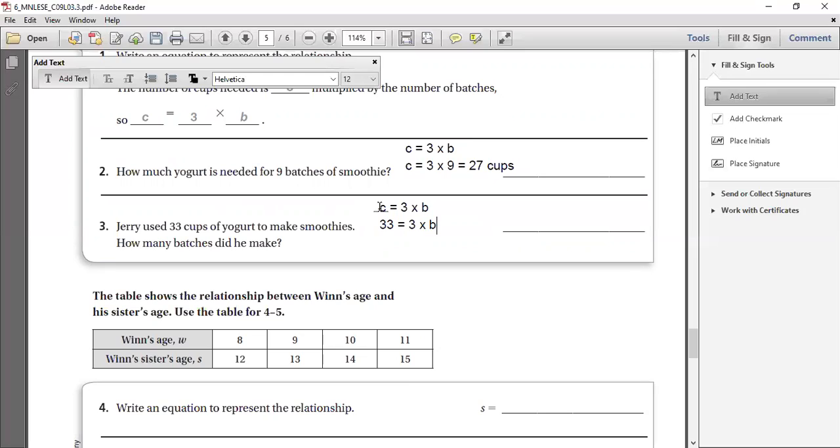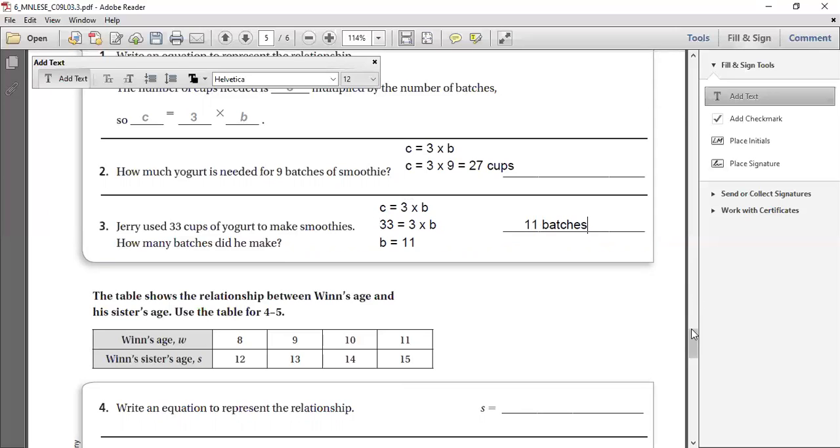Already you know it's going to be 11. 3 multiplied by 11 is going to give you 33, or 33 divided by 3 is going to give you B. 33 divided by 3 is going to give you how much? 11, right? So he has made 11 batches of smoothie. So this is your answer.